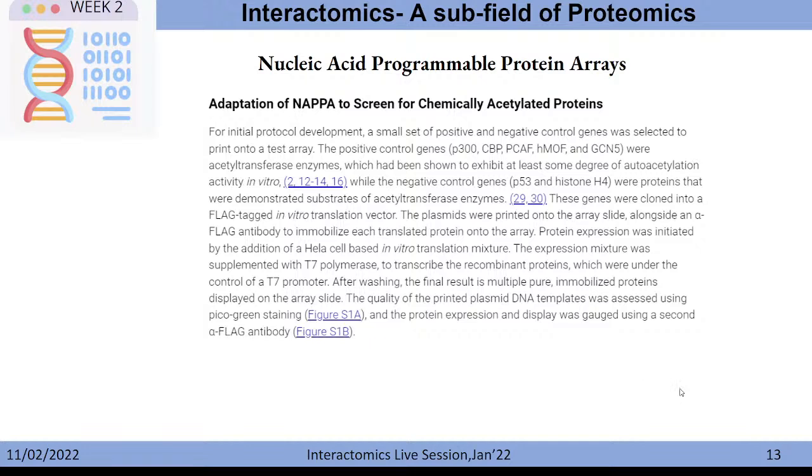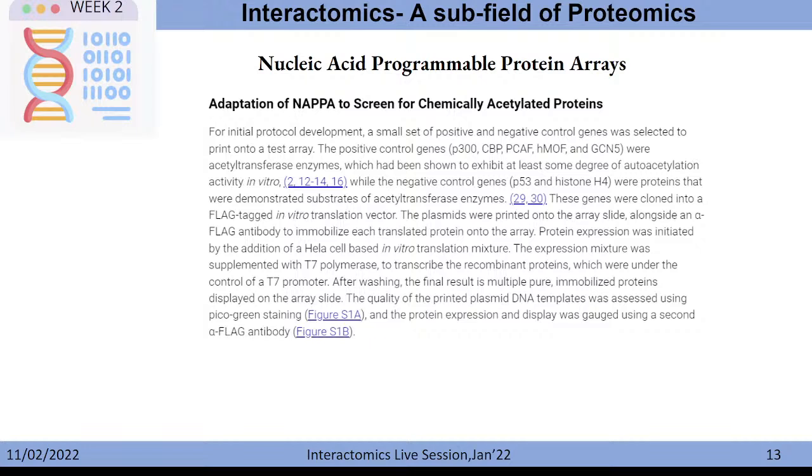So for the initial protocol development, they used a small set of positive and negative control genes. Some proteins were known to be acetylated without an enzyme or outside the mitochondria, but there was no robust method to identify all the proteins showing this behavior.